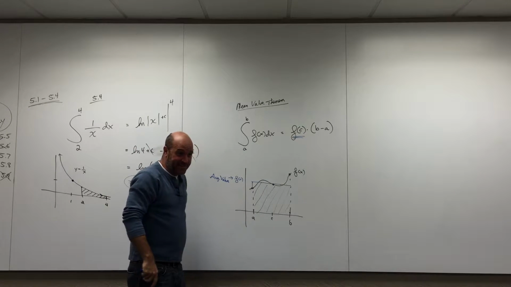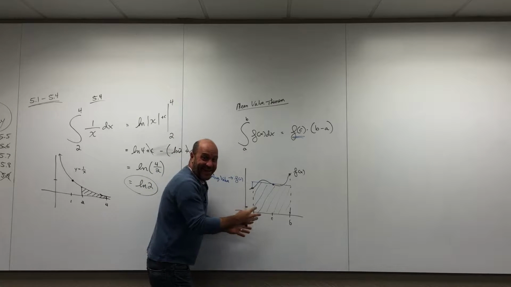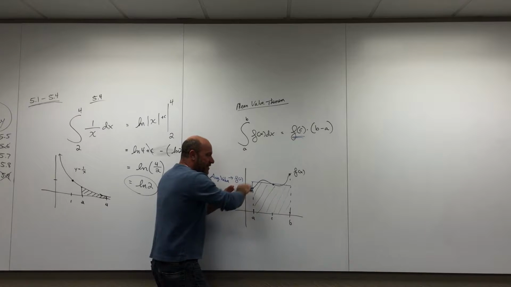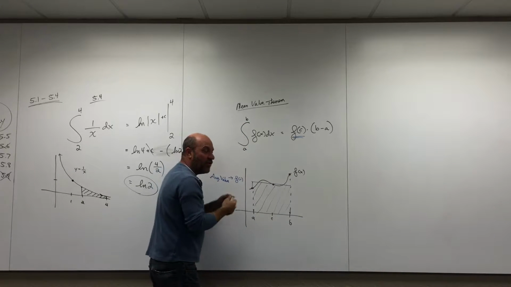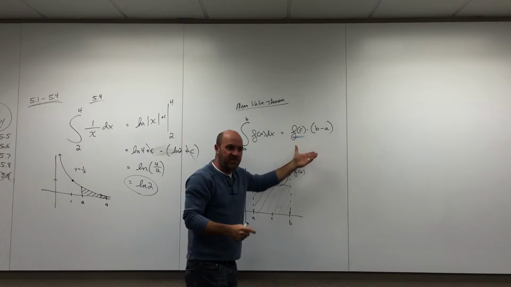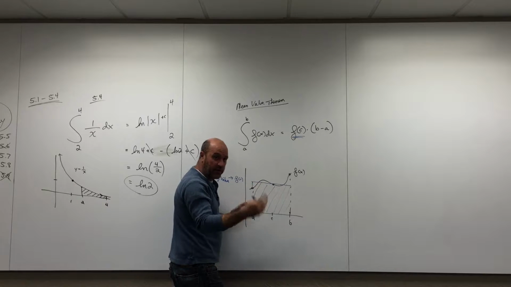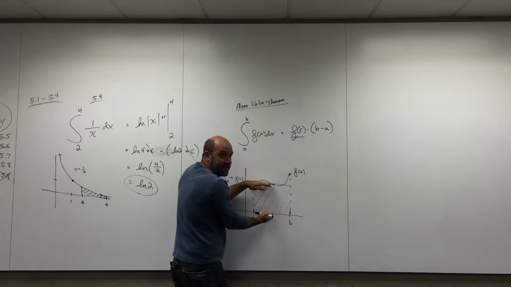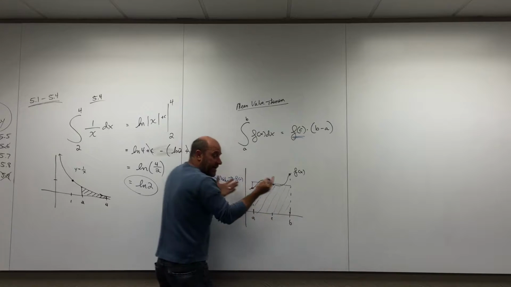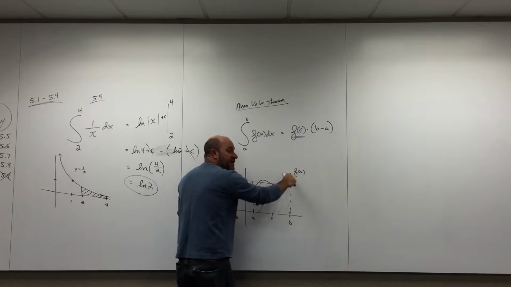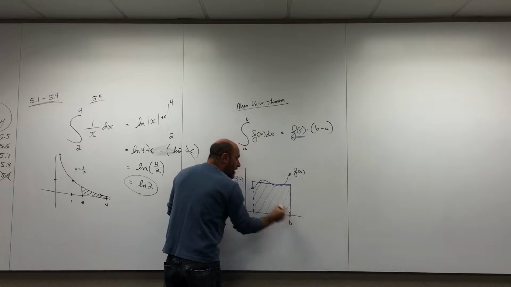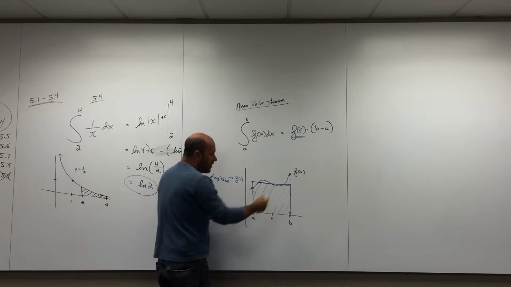I'd rather be digging ditches, this is hard. All right. The area under the curve is represented by the integral. Another way to represent that area is with a rectangle that has this width and some height. They're claiming that there exists a height somewhere in here where if you just topped it off at that height, you would have the area under the curve.